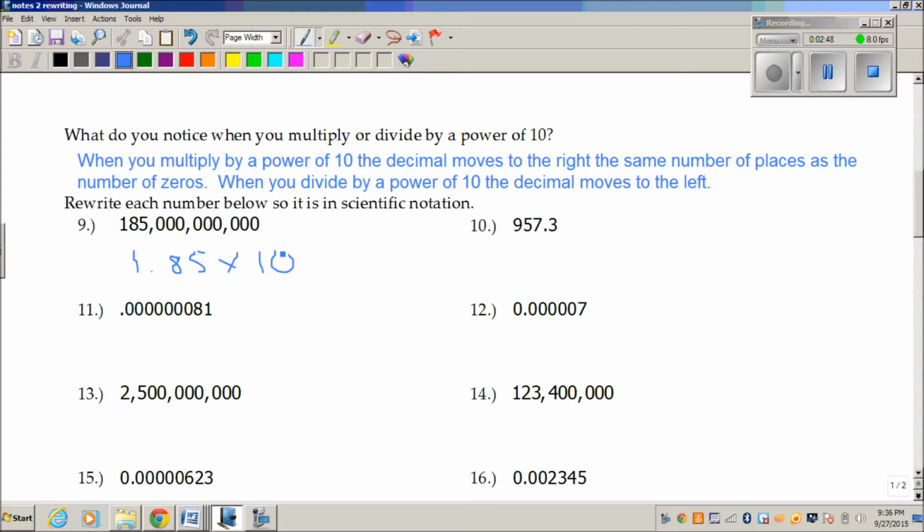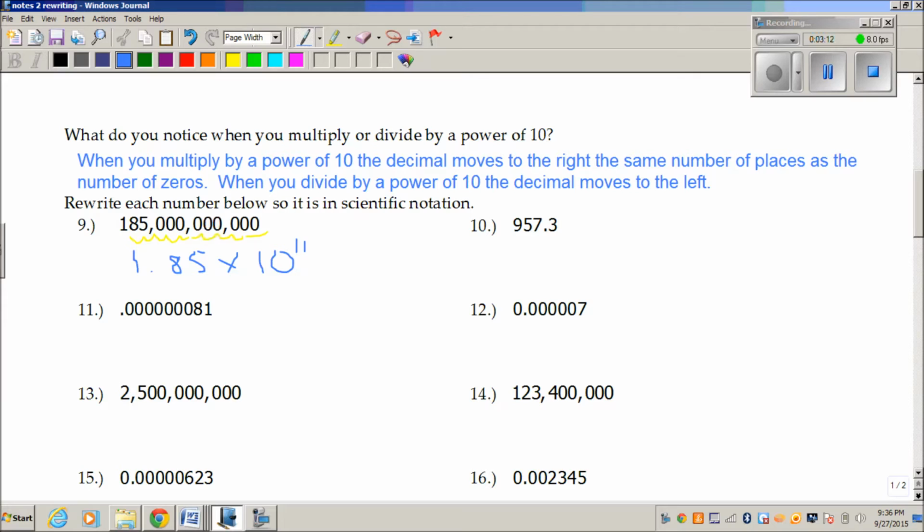And now I see this is a very, very large number, so the exponent is going to be positive. And I count how many place values I needed to move to get it to that spot. So when I count that, it's 1, 2, 3, 4, 5, 6, 7, 8, 9, 10, 11. It would have been 11 place values, so it's 1.85 times 10 to the 11th power.